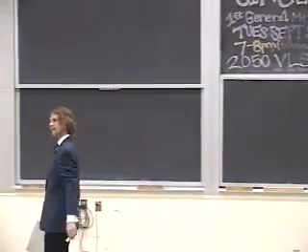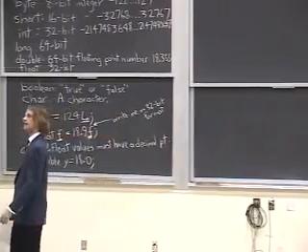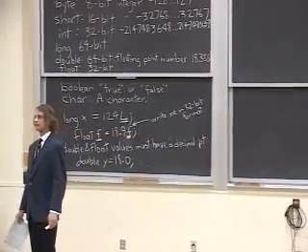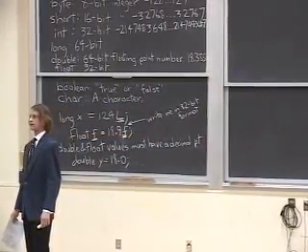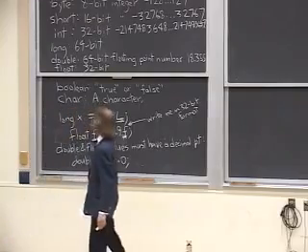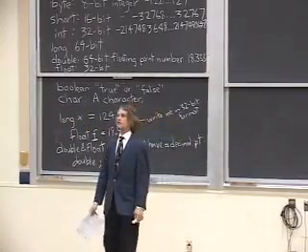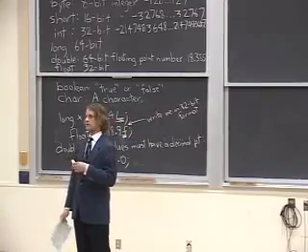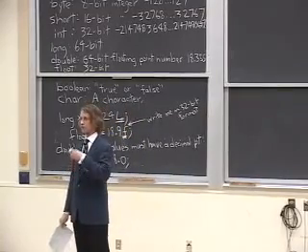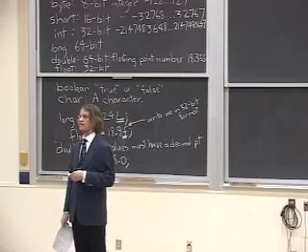Back there. Well, a double is a 64-bit number with a decimal. You should always think of every number as either being an integer or a floating point type.